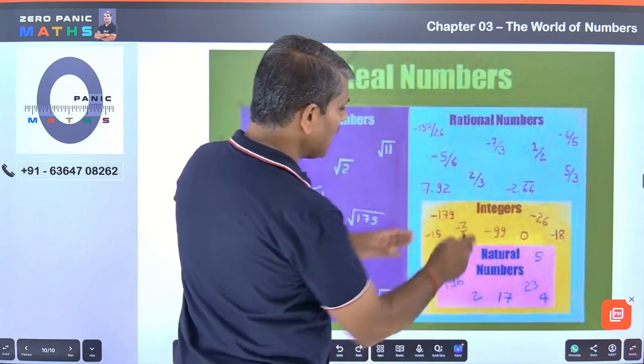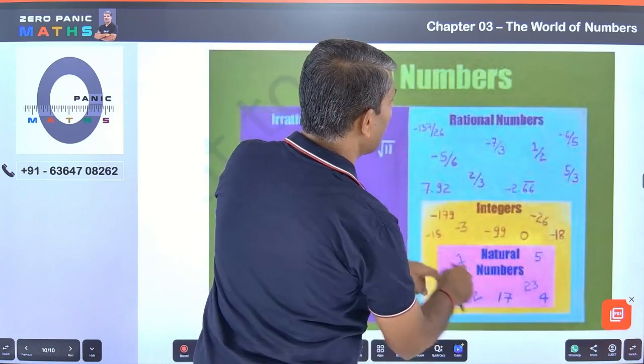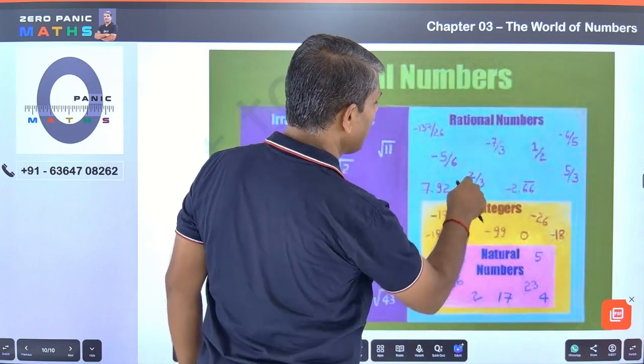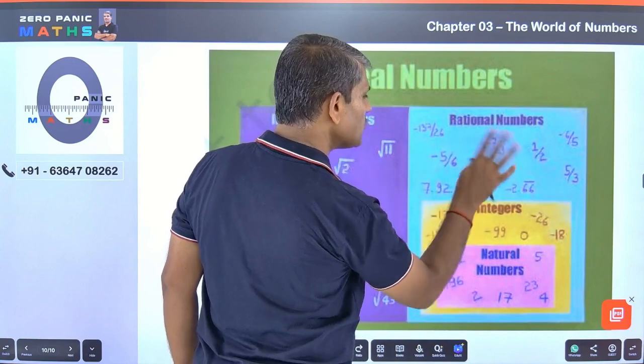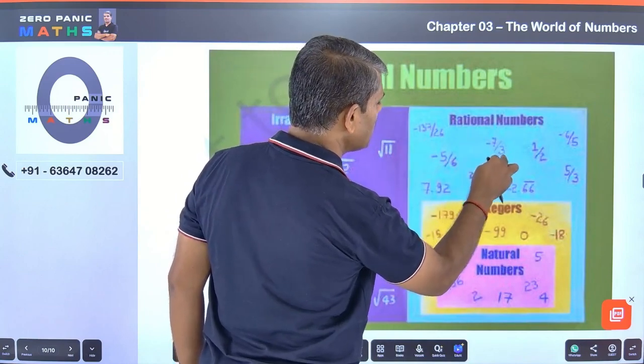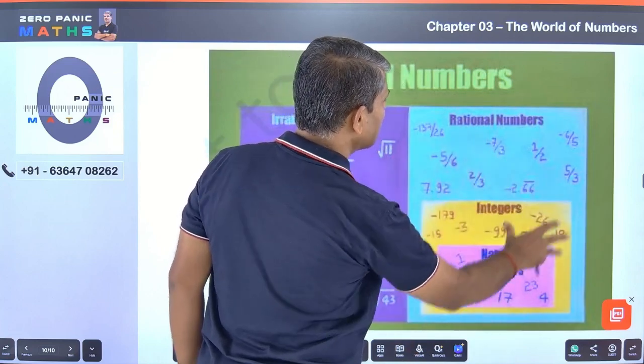Now the yellow part is made the child of the blue part, rational numbers, represented in the form of p by q, which might include negative and positive integers, but q is not equal to 0. That is a rational number.